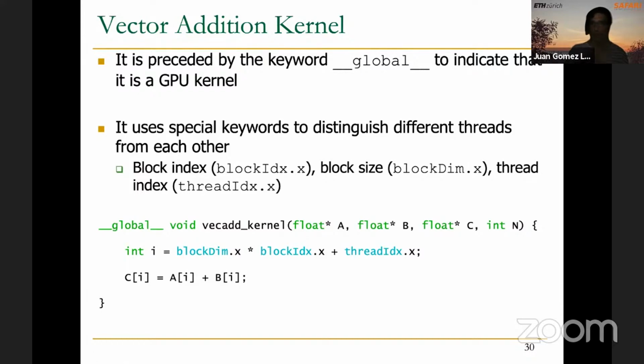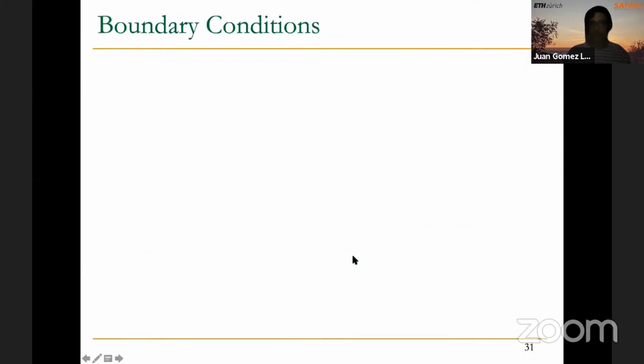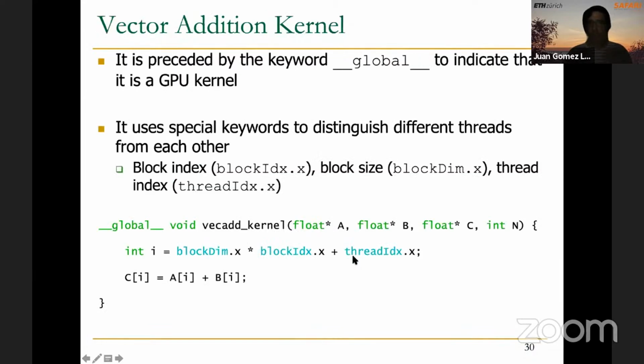This is what we had in the execution configuration, the number of threads per block when we launched the kernel. So the number of threads per block multiplied by the block index plus the thread ID inside the block gives us the global index for this thread, and tells each thread what element of A, element of B, and element of C they have to read.